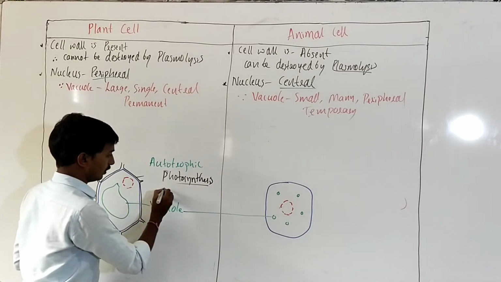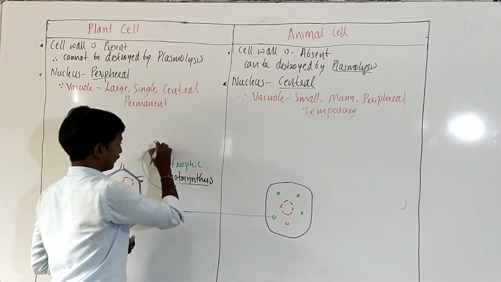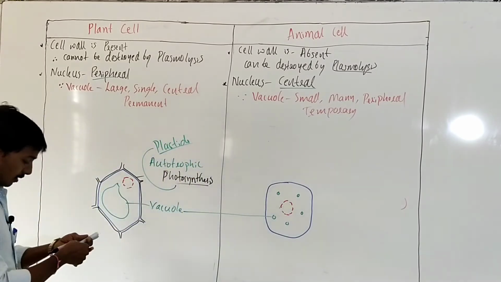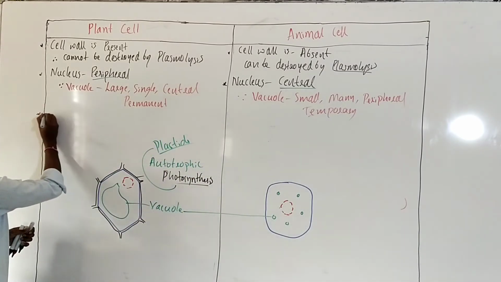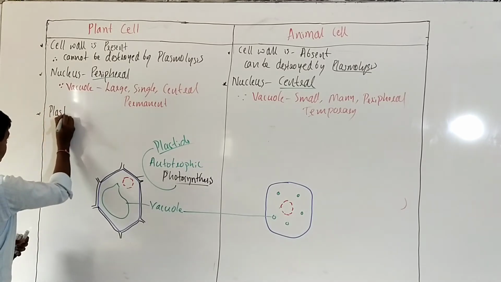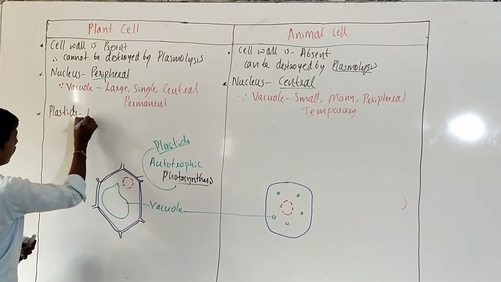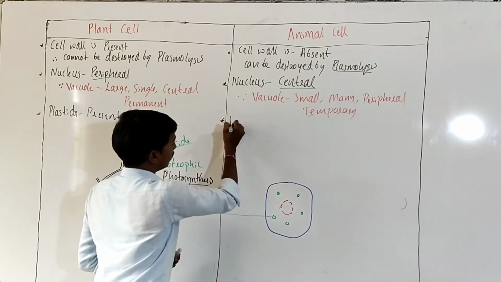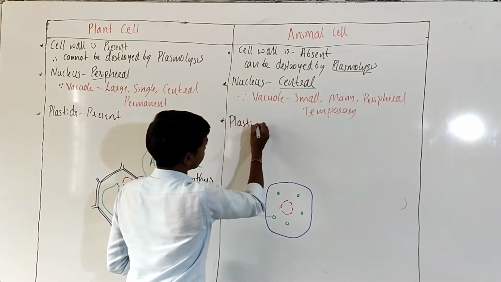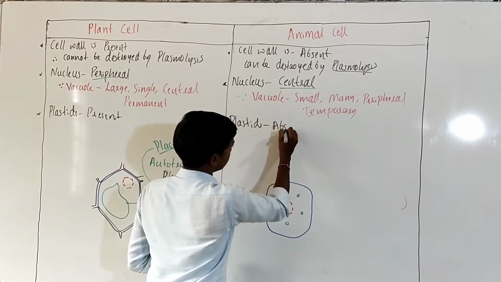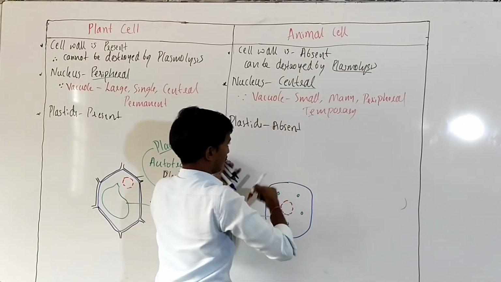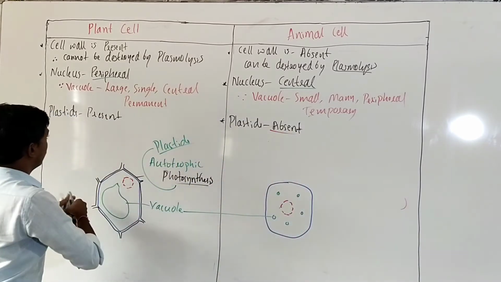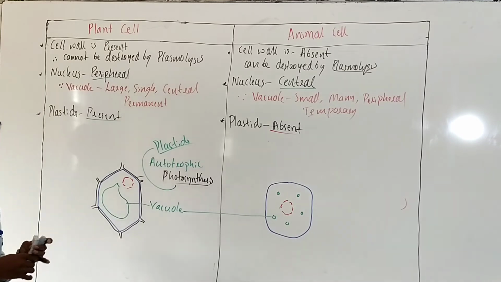So the next point will be plastids present here. In animal cell, plastids are absent. Absent in case of animal cell, they are present in case of plant cell.